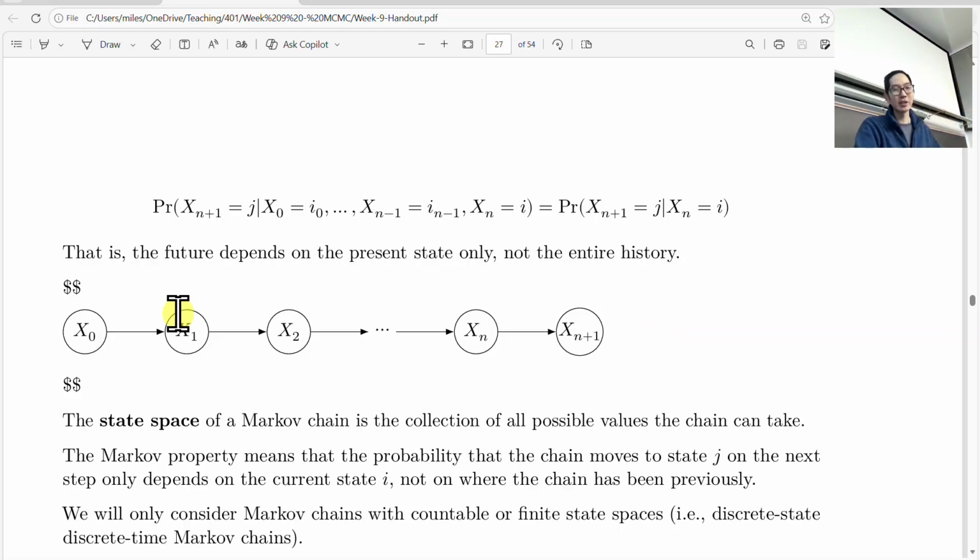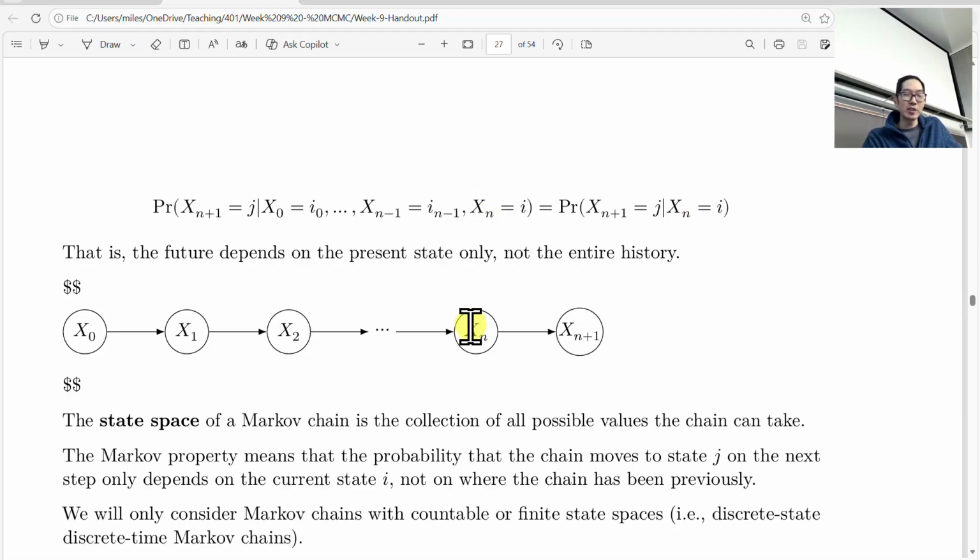So as you go from state x at time 0 to x at time 1 and x at time 2 and so on, we say x at time n plus 1, rather than depending on everything from time 0 up to time n, just depends on time n.